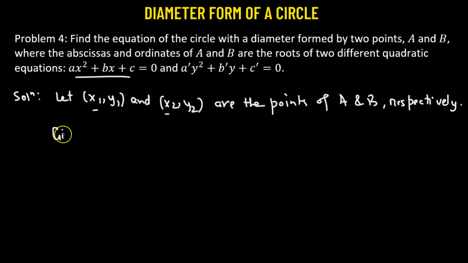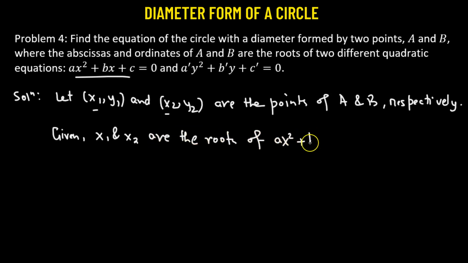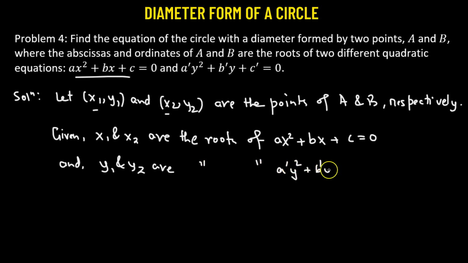So it's given here that x1 and x2 are the roots of the quadratic equation ax squared plus bx plus c equals 0. And we are also given that the ordinates, that means the y coordinates of the 2 points, are the roots of the other quadratic equation a prime y squared plus b prime y plus c prime equals 0. Now this is given to us. Using this information, we need to find out the equation of a circle.